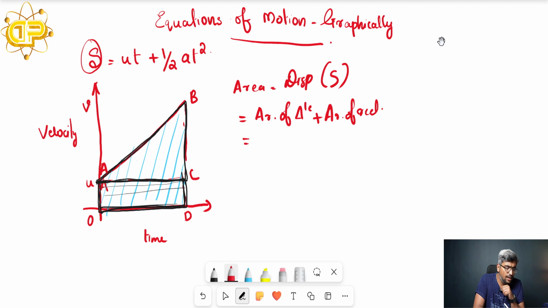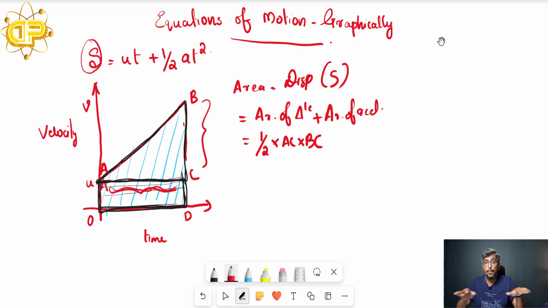Okay, now what is the area of this triangle? Half into length into breadth, or you can say half into base into height, so that would be better. So here the base is AC and the height is BC. This one is the height and this one is the base.